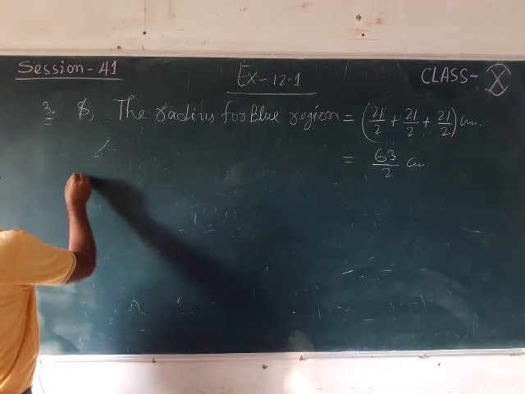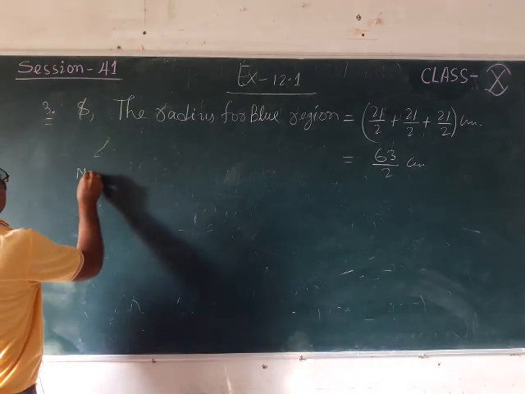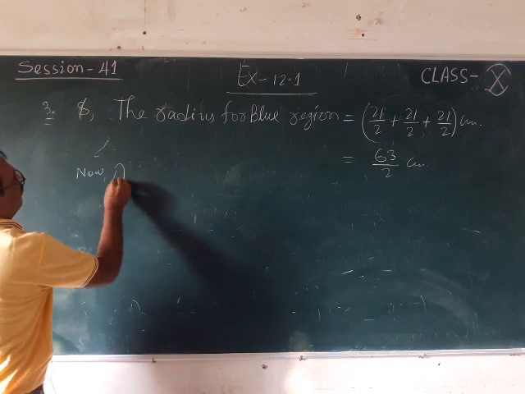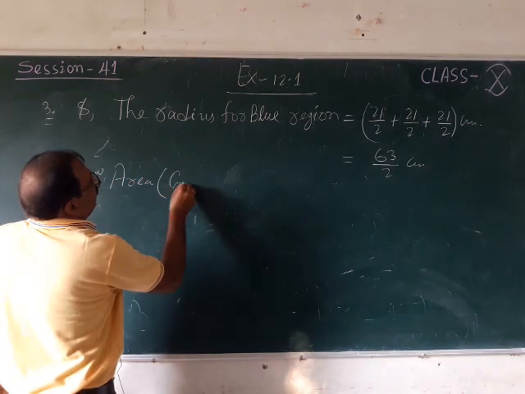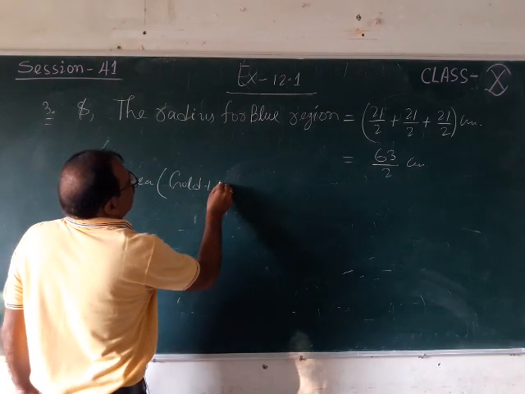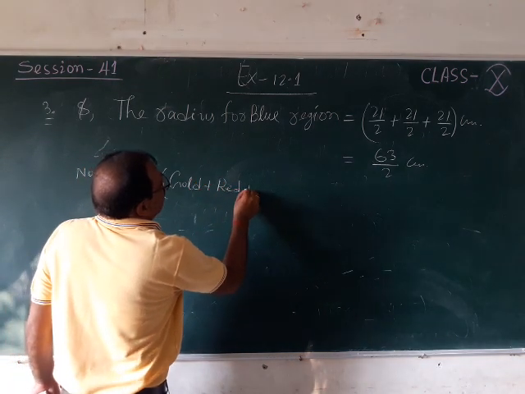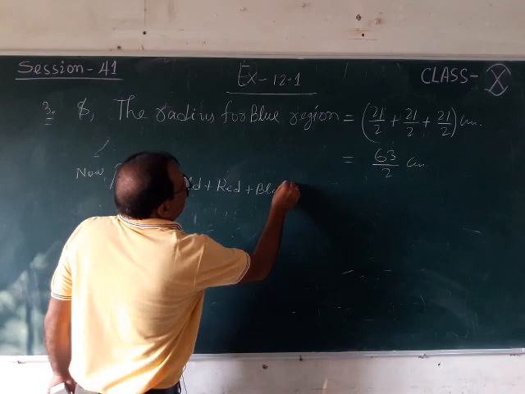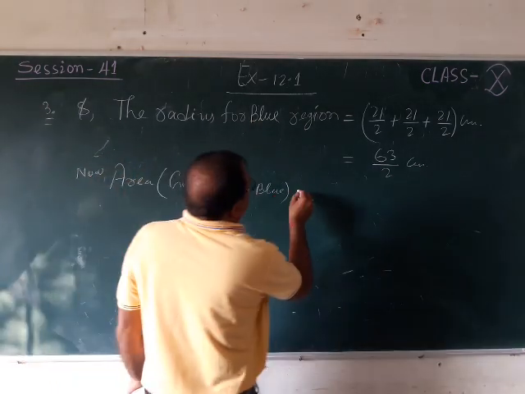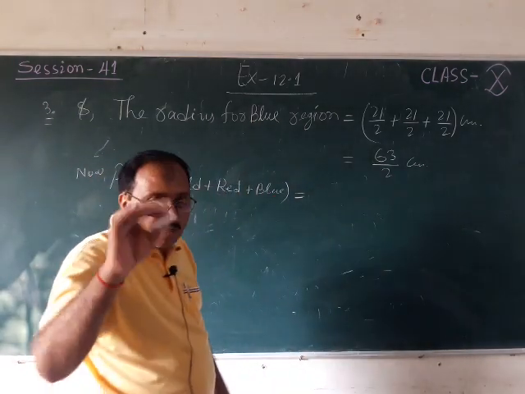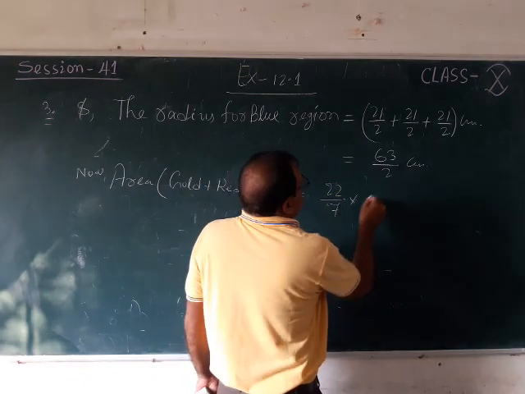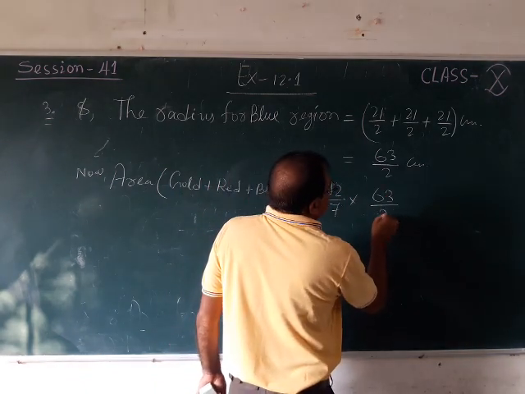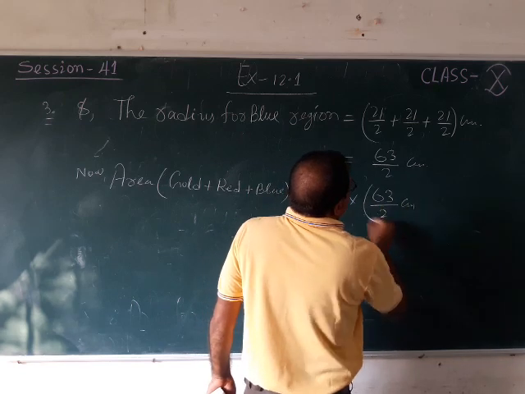Now you need to find area. Which area? Now you are having gold plus red plus blue. If all these 3 regions' area you want to find, again you are using the formula pi r square. So pi means 22 upon 7, and now your radius is 63 upon 2 cm.